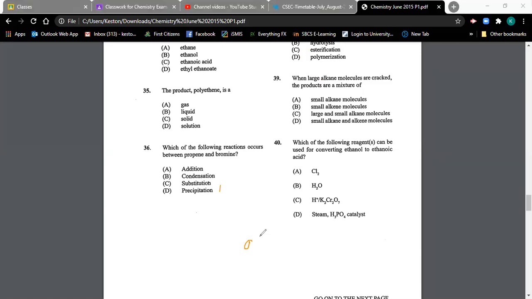Very good, Chan. Yep, that's it. Dichromate. Almost had it. Acidified potassium dichromate. 41.